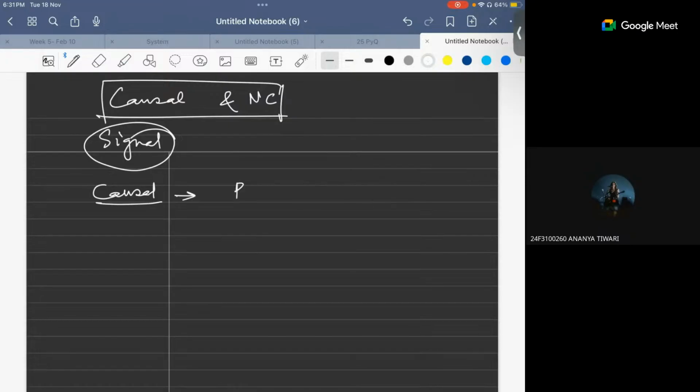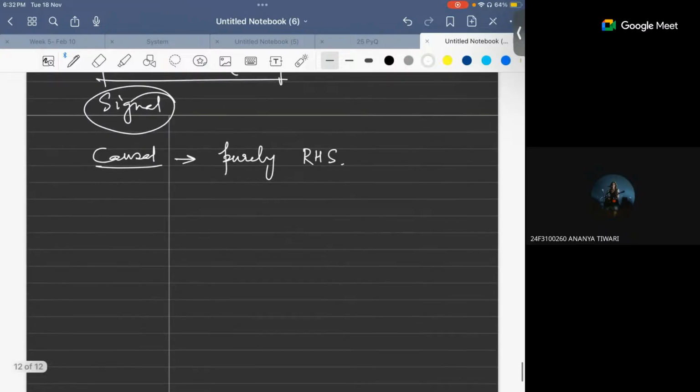No, signals, only signals. If you have studied about causal signals, they are those signals which are purely right-handed, defined on the right-hand side. So right-handed signals. And what about the non-causal, which are not causal?